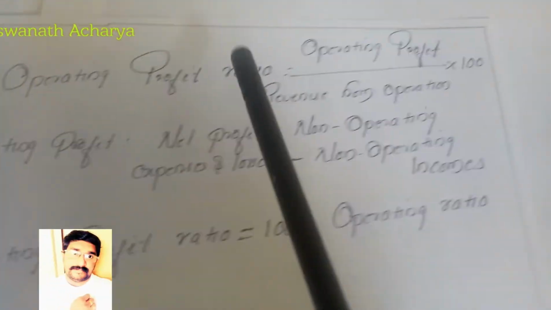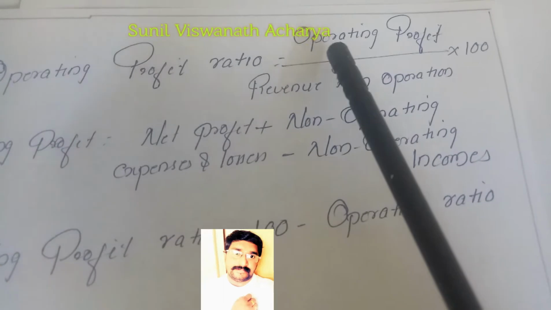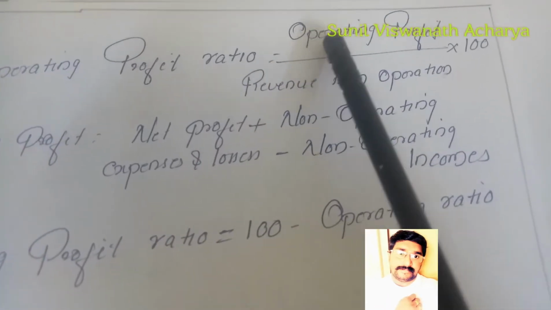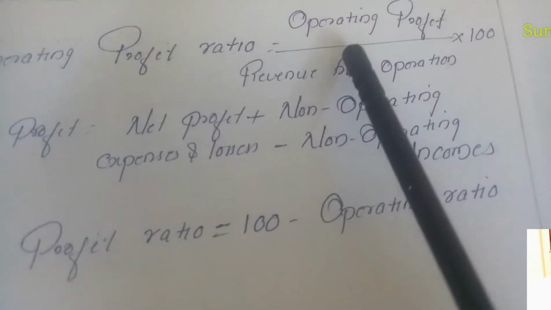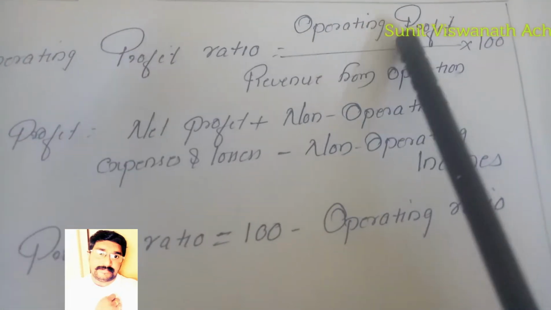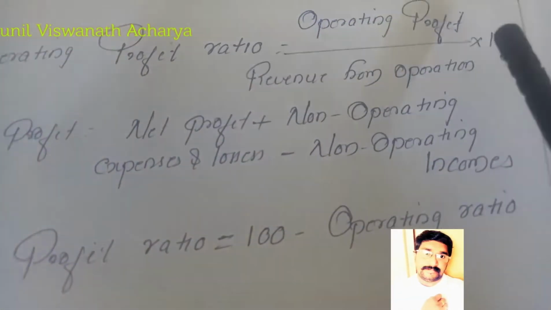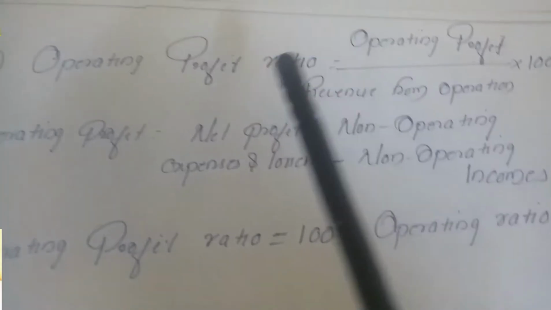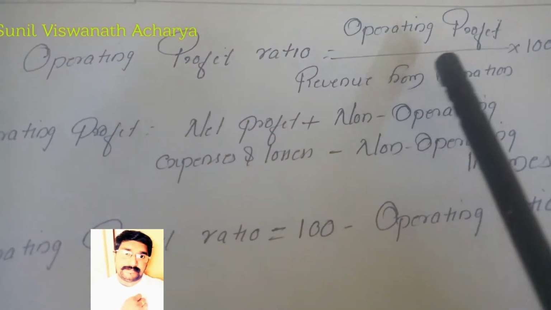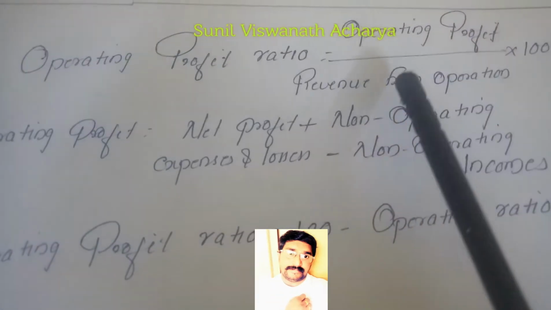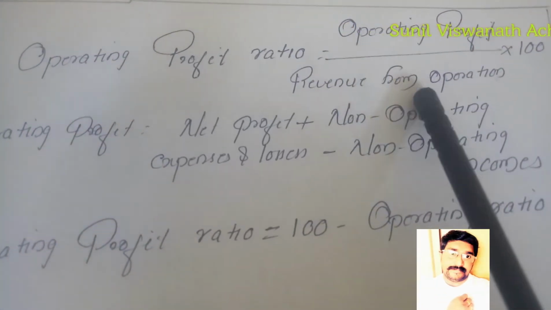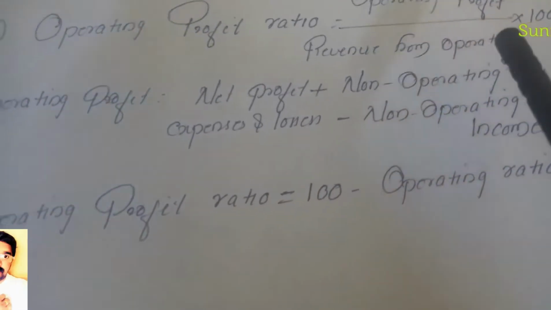Then after this, the next ratio is operating profit ratio. How to calculate operating profit ratio: operating profit divided by net revenue from operation into 100. So operating profit ratio is equal to operating profit divided by net revenue from operation into 100.